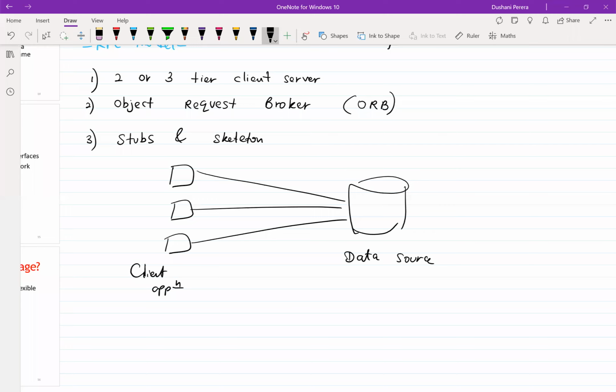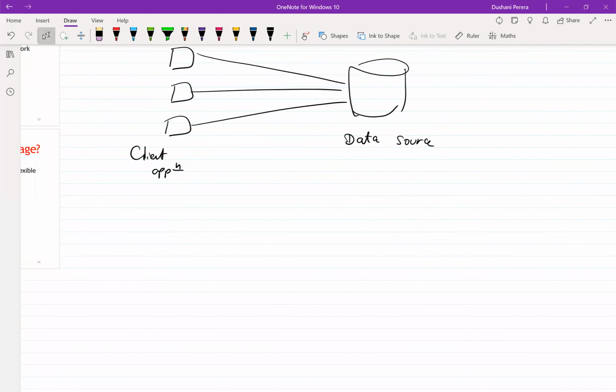This is totally fine if the number of clients is small. But when you have a large number of clients, then the server has to struggle to serve the requirements of all the clients. Okay, in this case, we get help from the three-tier architecture.